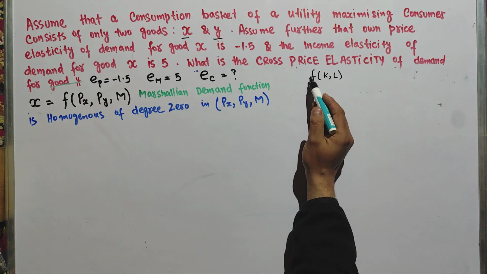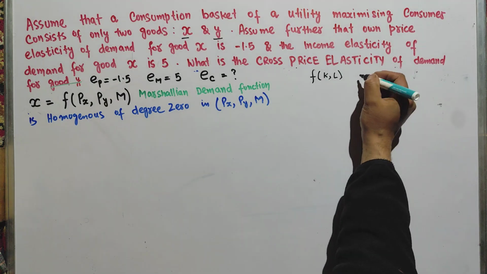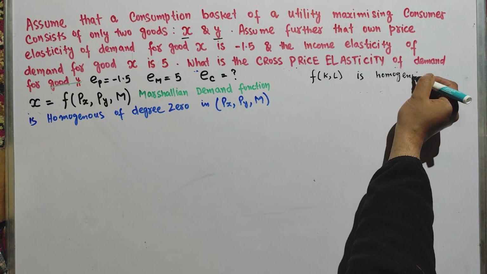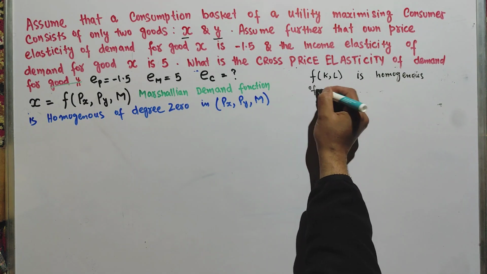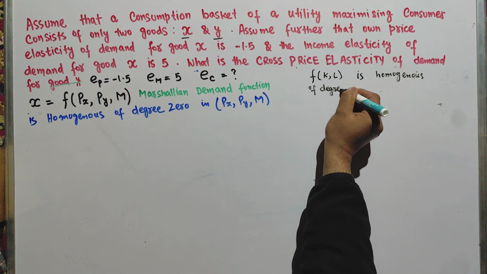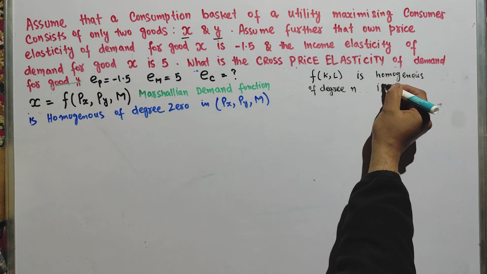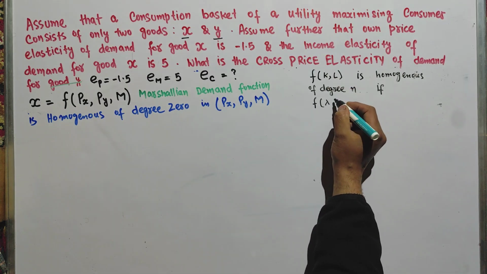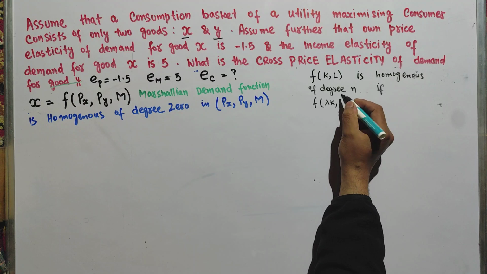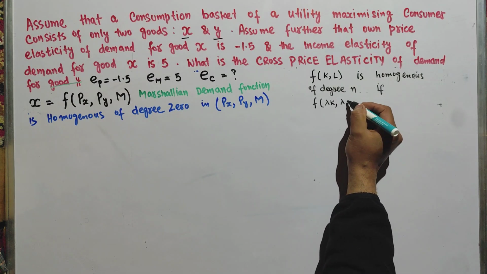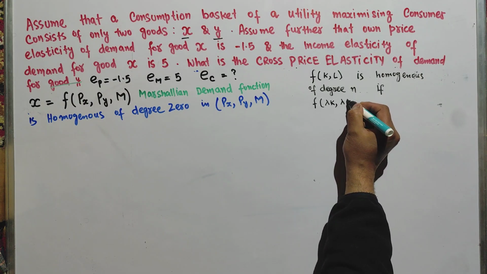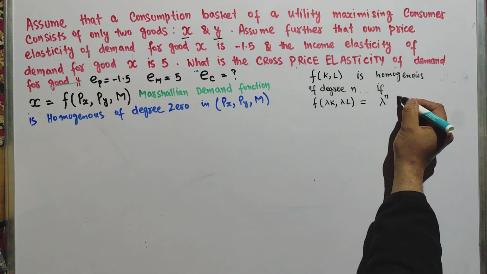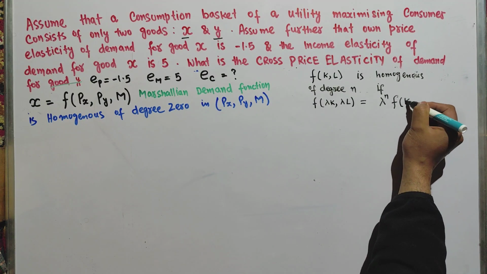I am saying this function f of KL is homogeneous of degree n if both variables, that is capital, is increased by a factor lambda, and labor is also increased by the same factor lambda, and we get lambda raised to the power n times the original function, that is f of KL.